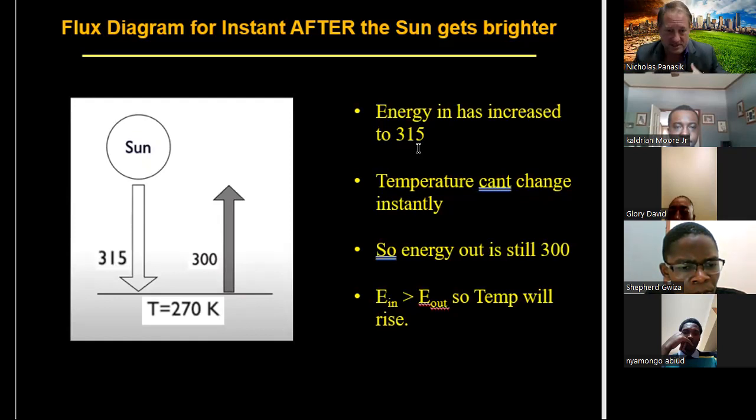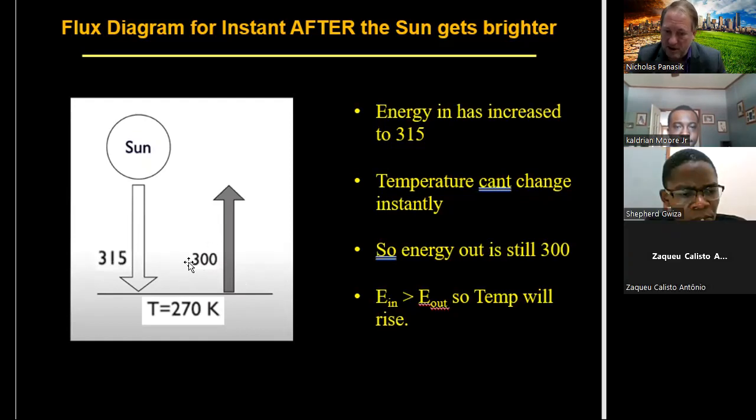There's kind of a temperature inertia. It takes a little while for things to warm up. So at the instant after the sun gets brighter, the energy out is still 300. That's what we calculated before. So now our energy in is more than our energy out, and so our temperature, we would imagine, is going to increase.